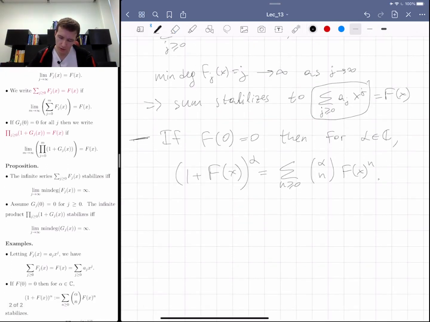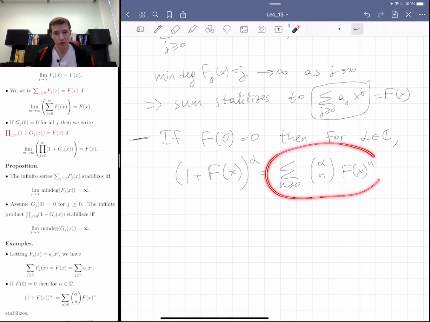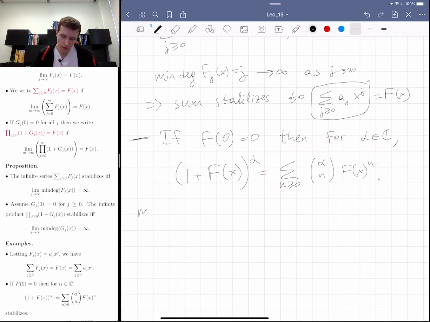Now I have to check whether, I cannot just define it, I have to check that the infinite summation stabilizes. Well, I can do that. The minimal degree of f of x to the n is, because f has minimum degree at least 1, greater than or equal to n.